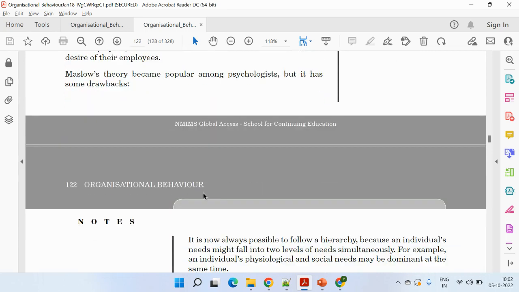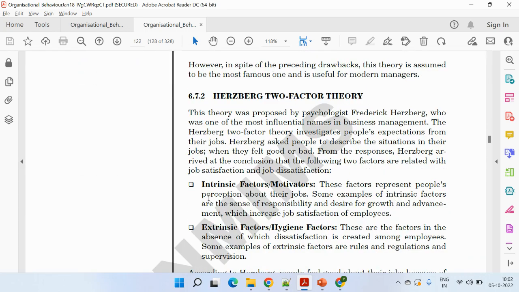Now going to the second theory, Herzberg's two-factor theory, where he discussed two factors. One is the intrinsic factor, and the second is the extrinsic factor. One is the motivation factor, and the second is the hygiene factor. The motivation factor motivates people to work, and the extrinsic factor creates dissatisfaction in the employee.